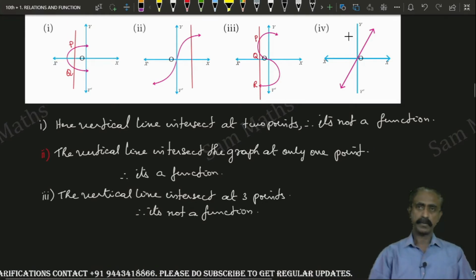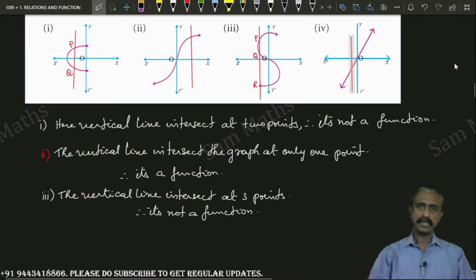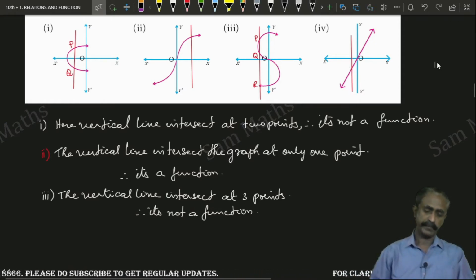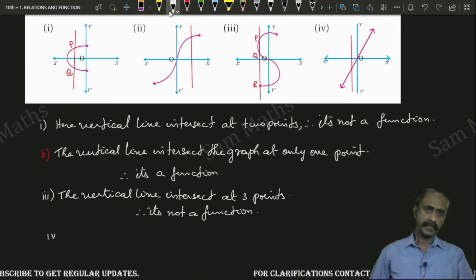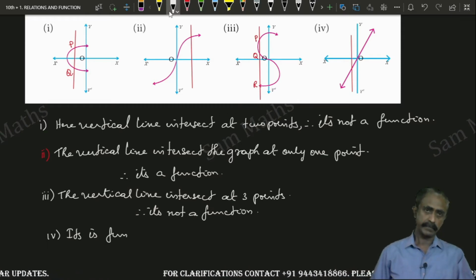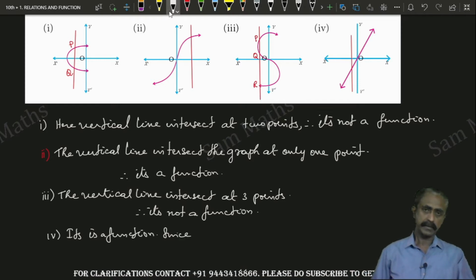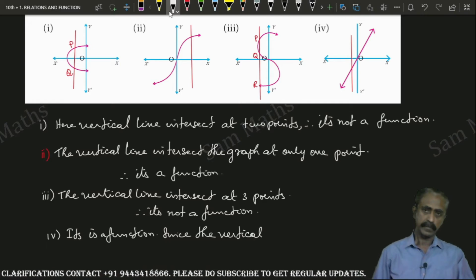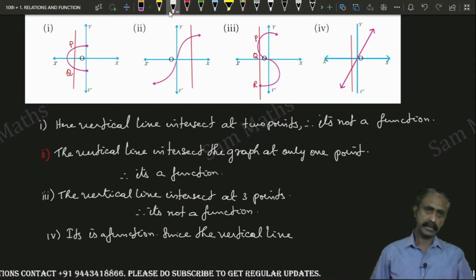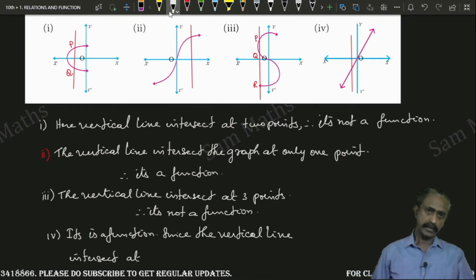Now the fourth one, you draw a vertical line here, you see here, which intersects at only 1 point. Now the fourth one, it's a function since the vertical line intersects at only 1 point.